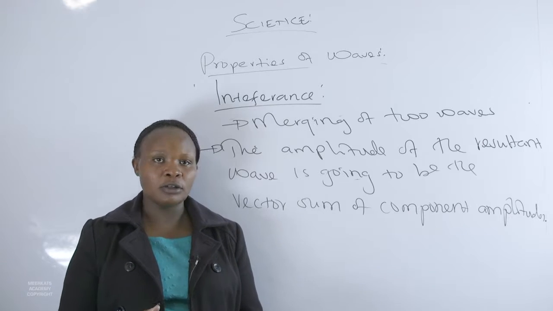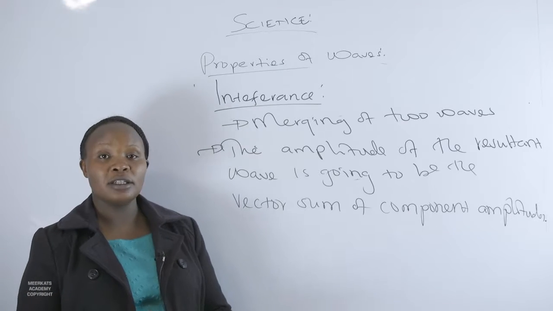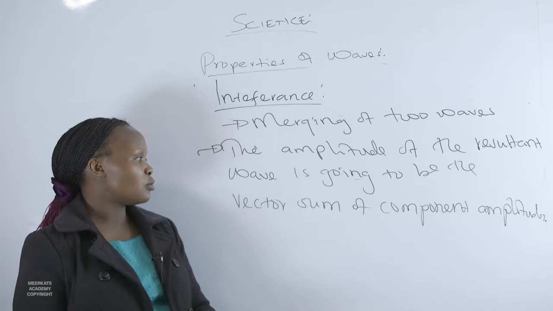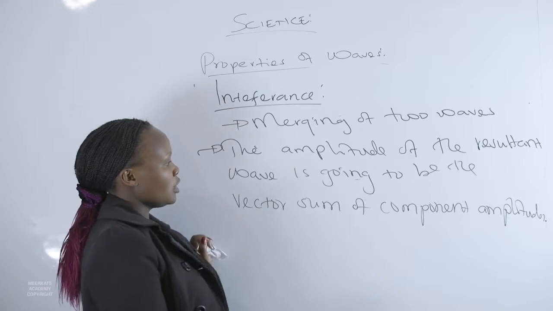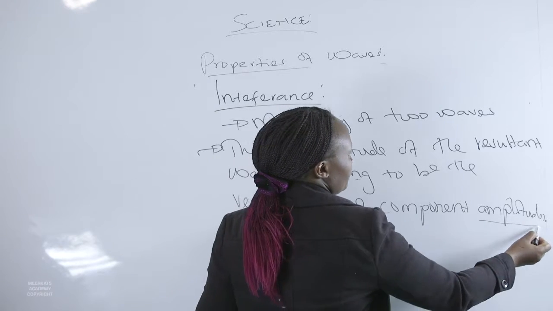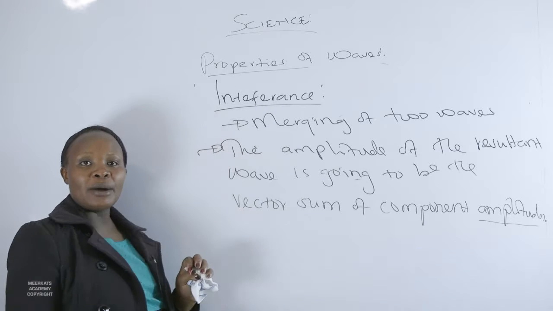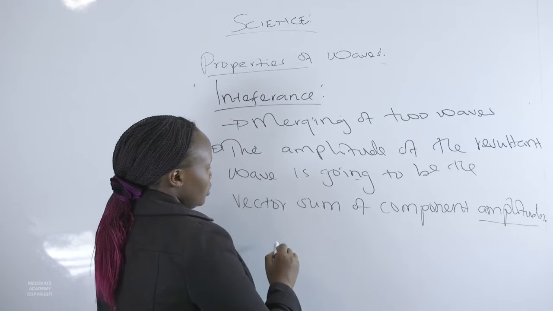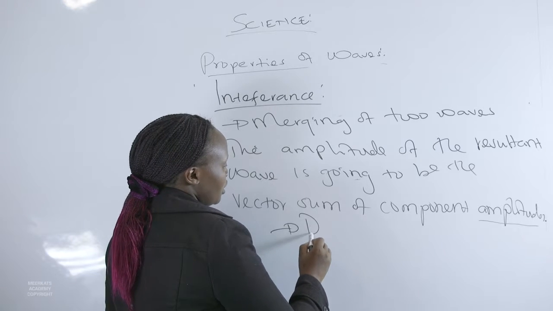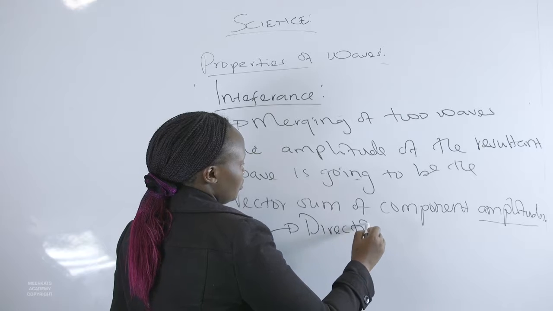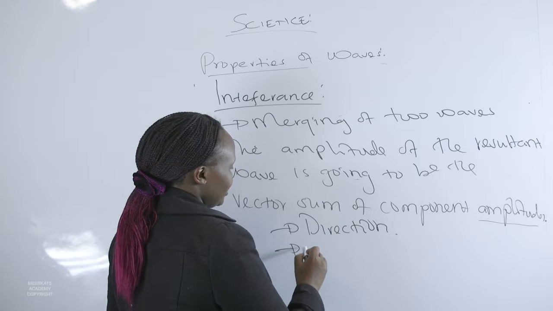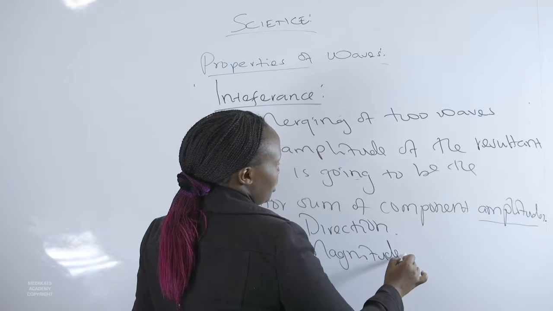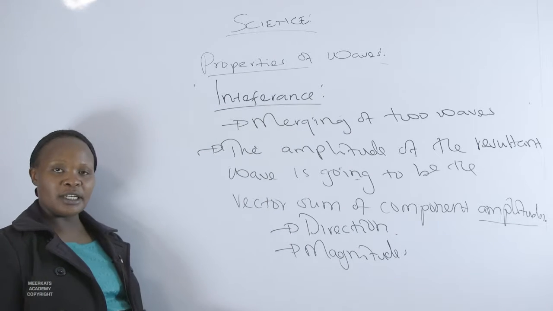Depending on their individual characteristics, that is going to inform our resultant wave, and especially the amplitude. Note that we said a wave is actually a vector quantity. Therefore, the amplitude is a factor of direction as well as magnitude.